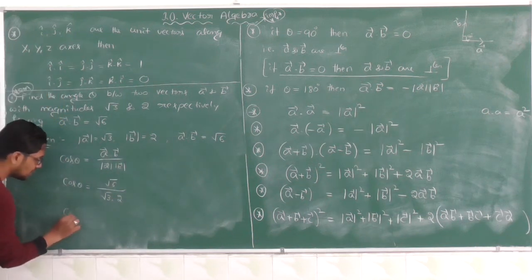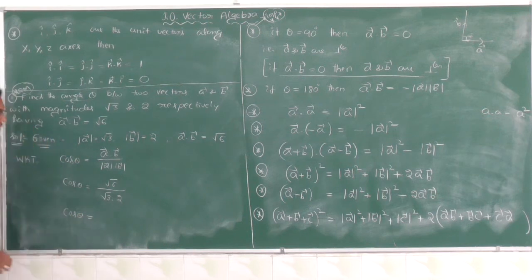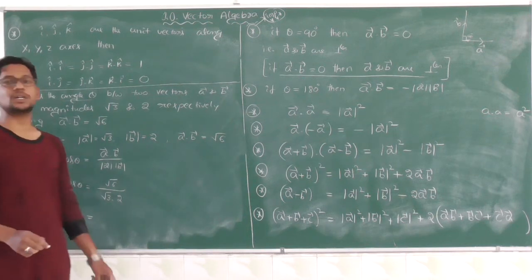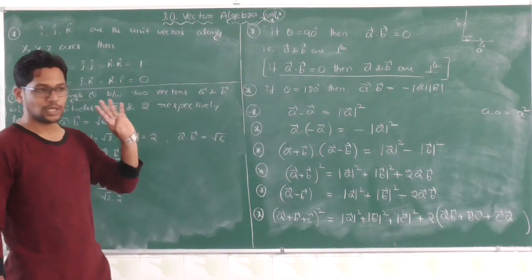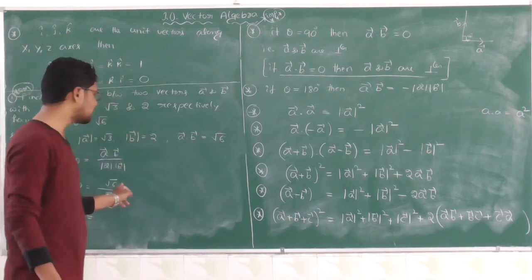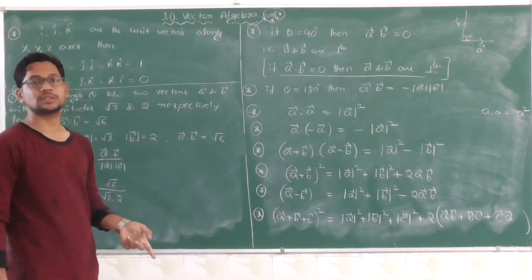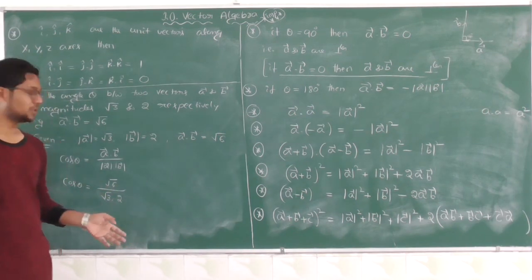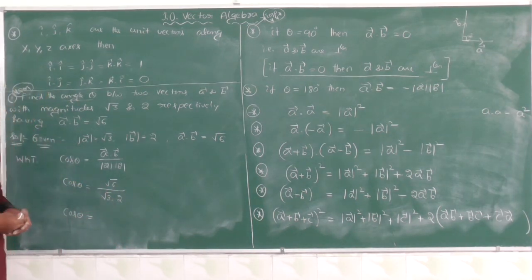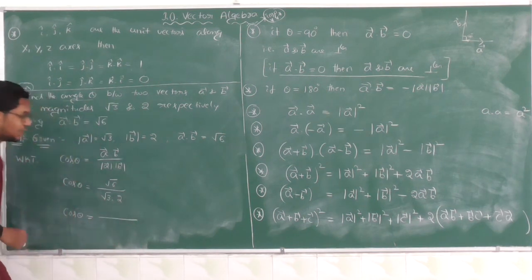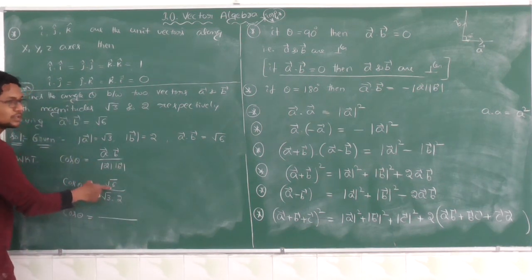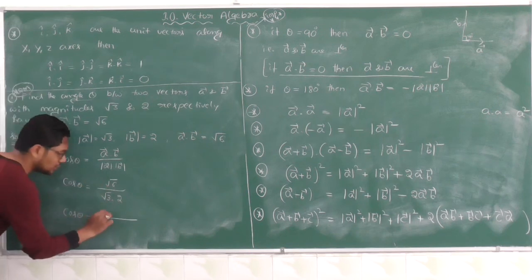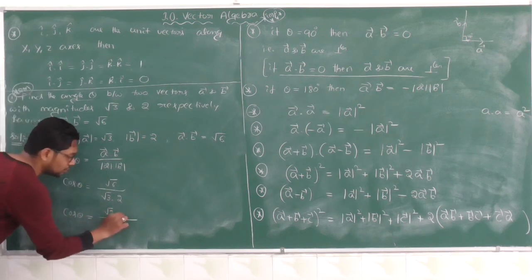Next, I am going to simplify this using the concept of surds. You already know the concept of surds from lower classes, and in the bridge course also I explained it. Root 6 can be written as root 3 into root 2.